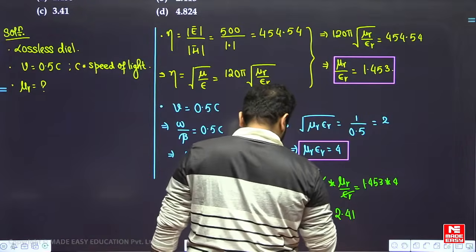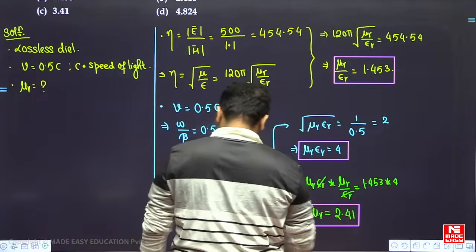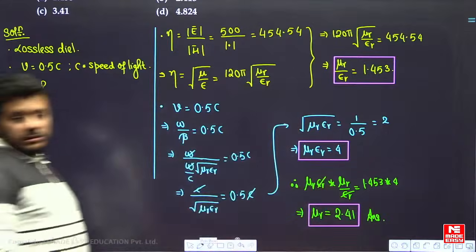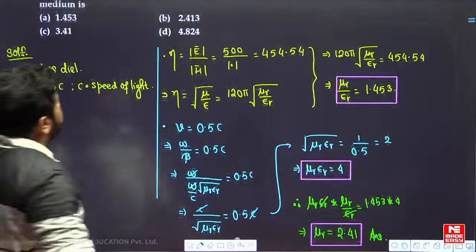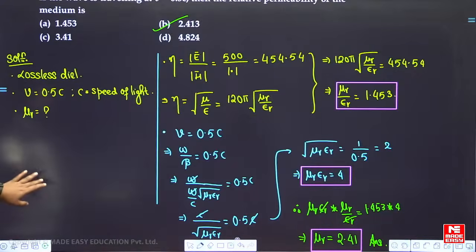So the answer is 2.41. Okay, so which option? Option B. B is the correct answer.